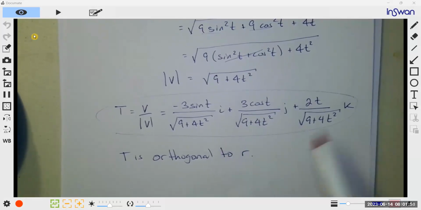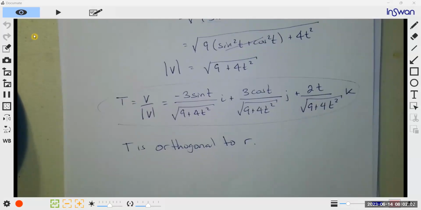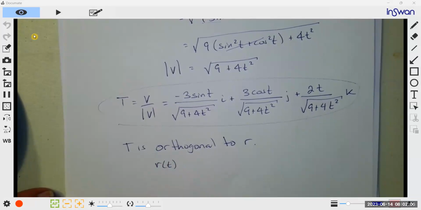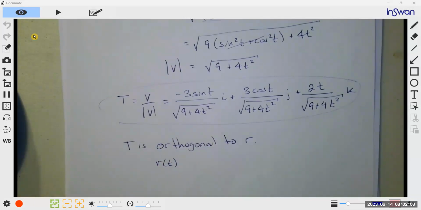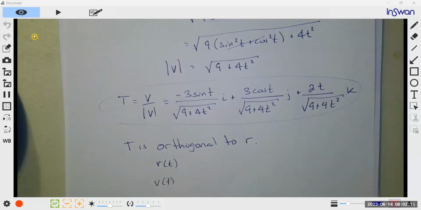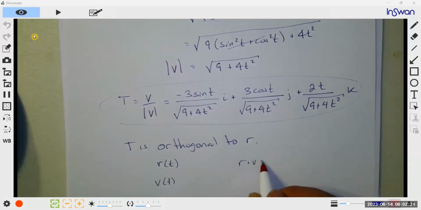Because it's the unit tangent vector, basically what we're looking at here, we can compare our position vector r and our velocity vector. We can see that r dot v, if it's 0, it's perpendicular or orthogonal.